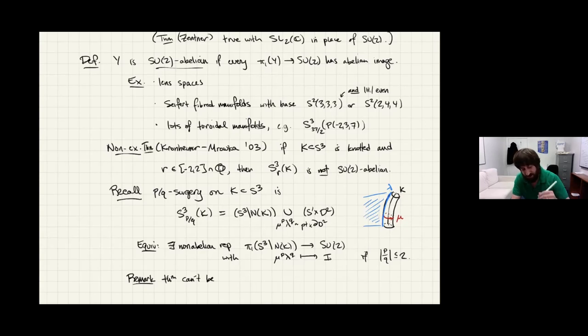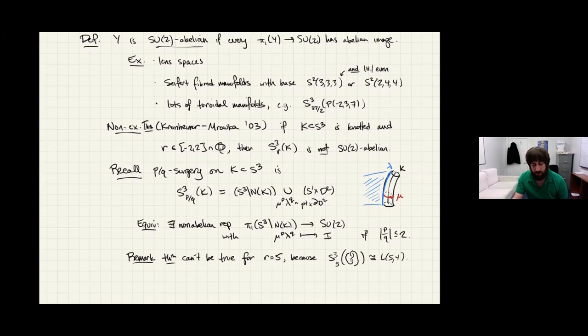But the theorem can't be true for slope R equals 5, because if you do 5 surgery on the right-handed trefoil, there it is, you get a lens space of order 5. It's 5 over 4 surgery on the unknot. It has abelian fundamental group, so you can't possibly find a non-abelian representation of that.